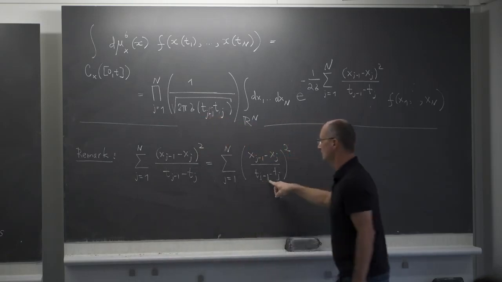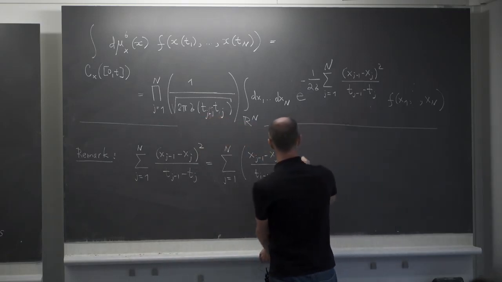So I divide and multiply by t_{j-1} minus t_j.